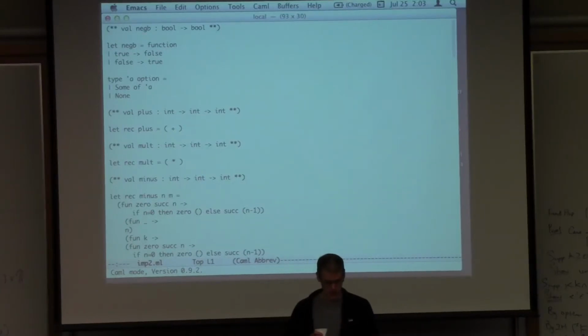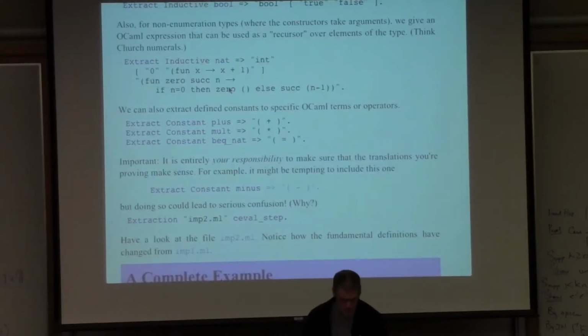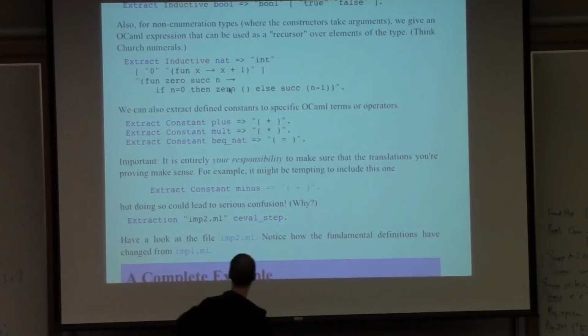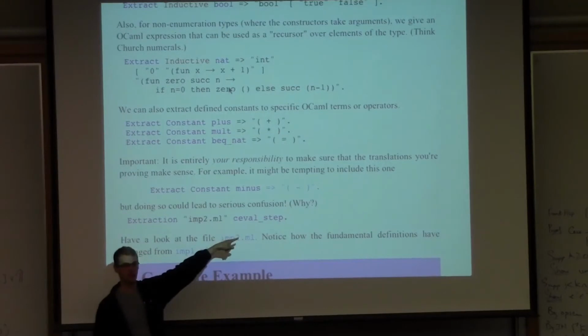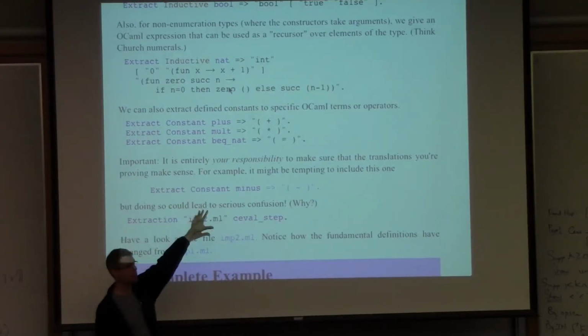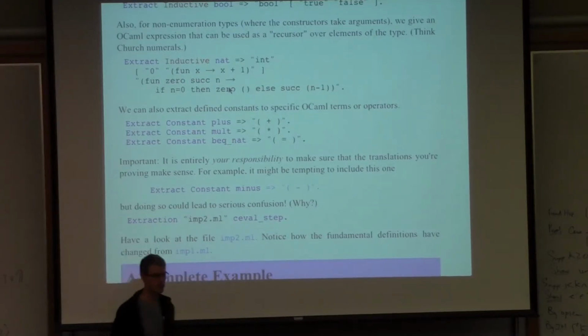Okay, so this is nice, but I haven't actually shown you how to run it, so I should do that. By the way, when does this file get generated? Just when you execute this top-level thing. So simply compiling this file with coqc will generate imp2.ml.